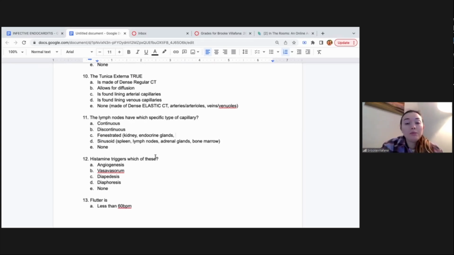Okay, histamine triggers which of these? So let's answer number 12.